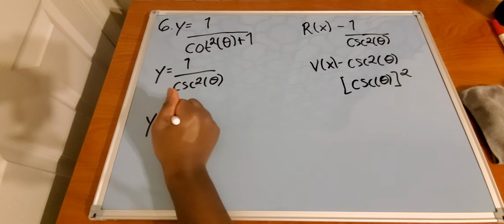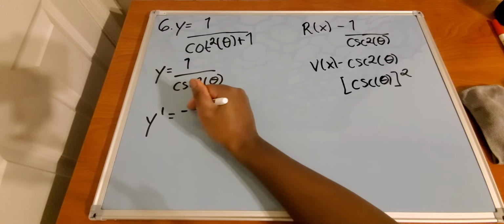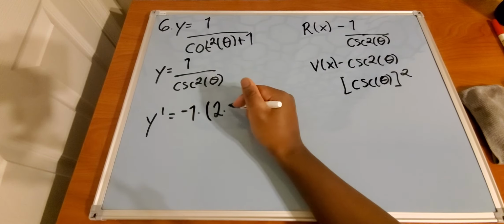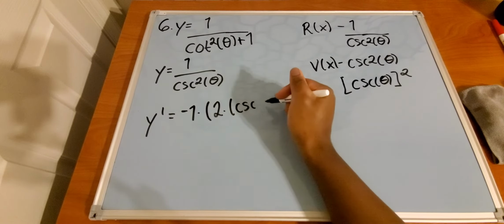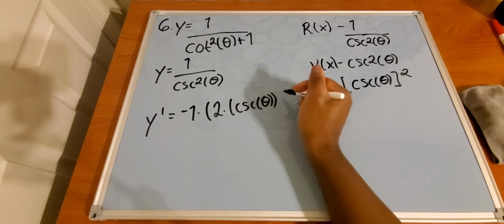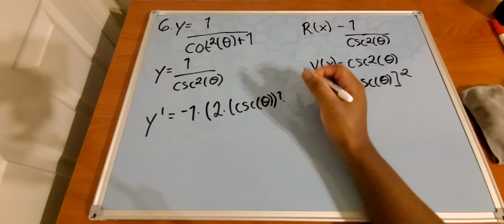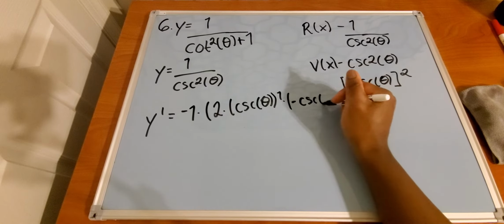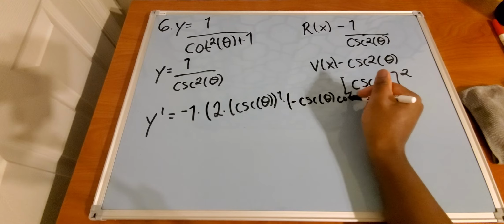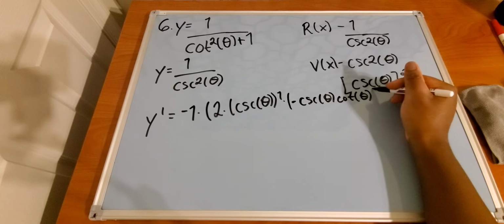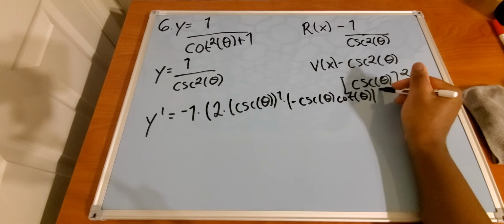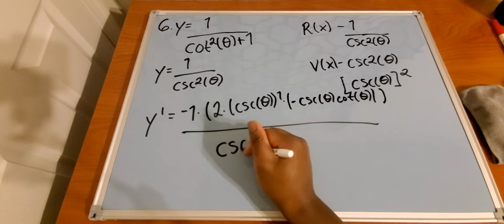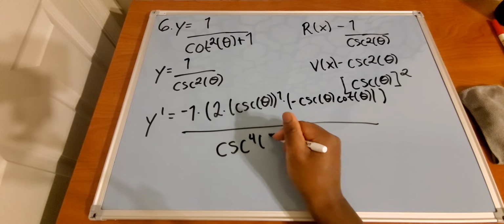The first derivative of this will be equal to -1 times the derivative of the denominator, so 2 times cosecant theta to the first times the derivative of cosecant theta. Use some parentheses: negative cosecant theta cotangent theta, all over the denominator function squared, which is cosecant to the 4th theta.